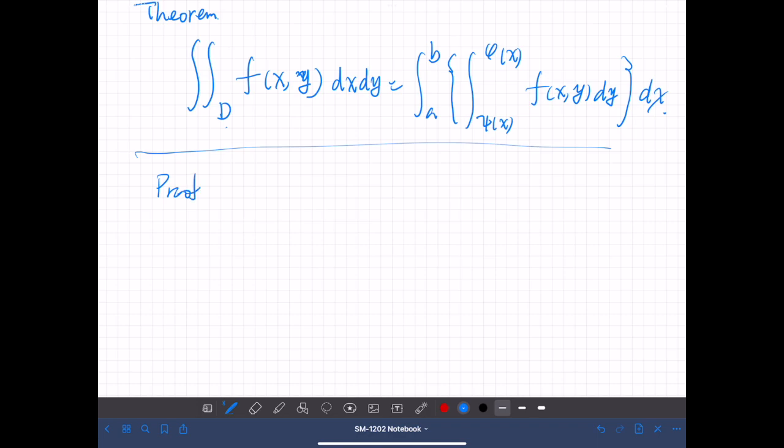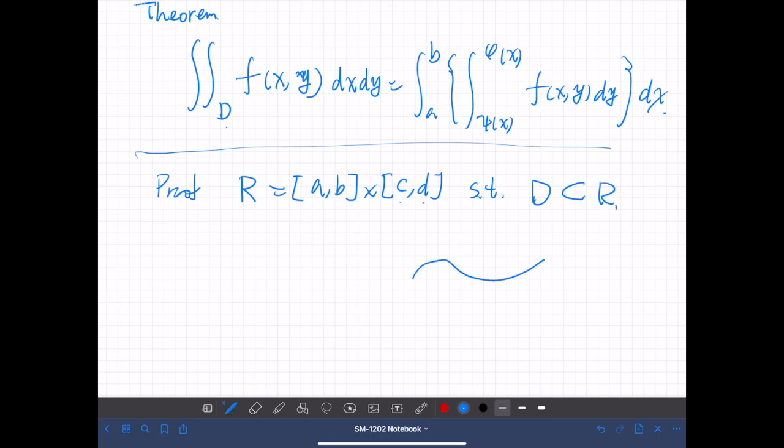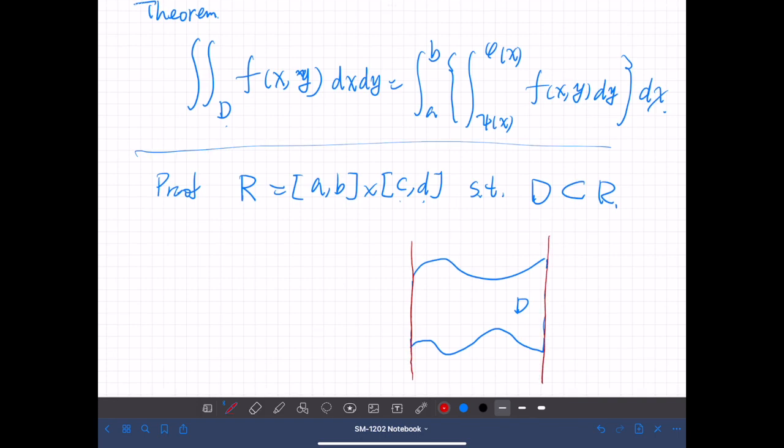First of all, we define a rectangular region, [a, b] times [c, d], and these c and d are different from the previous c and d we used for proving the lemma, such that R includes the region D. So it would look like, if we have region D, then this R would be something like this.